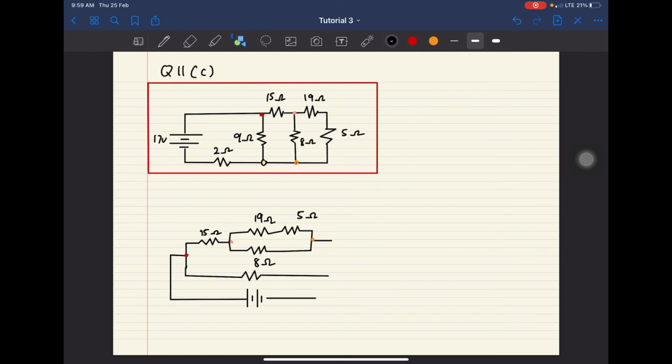I gonna meet up somewhere over there. And still have the 2 ohm. It goes back to the initial position. So this is my 2 ohm, and then this is the yellow one, yellowish.